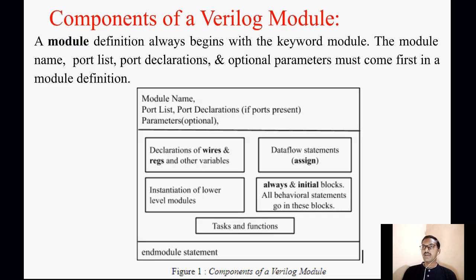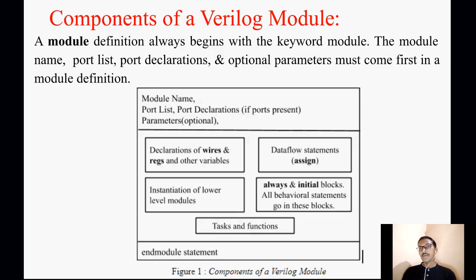For specifying the port as input, the keyword is input. Similarly, for output we have the keyword output, and if bidirectional terminals are there, then we use the inout keyword. Then the parameters are optional. If different parameters are present within the module, we can write those parameters.